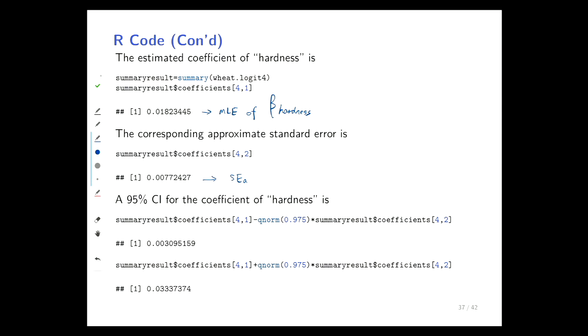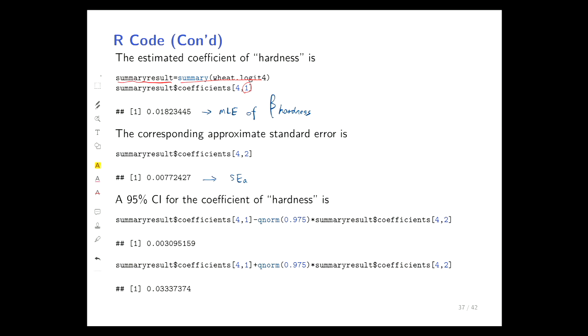Another way to call these two values directly in R is to firstly define the summary output by using this object, which is called summary result. That's exactly our summary output. In order to call the MLE, you just need to call these coefficients, 4 and 1. What's the meaning of 1 here? That means the first column.